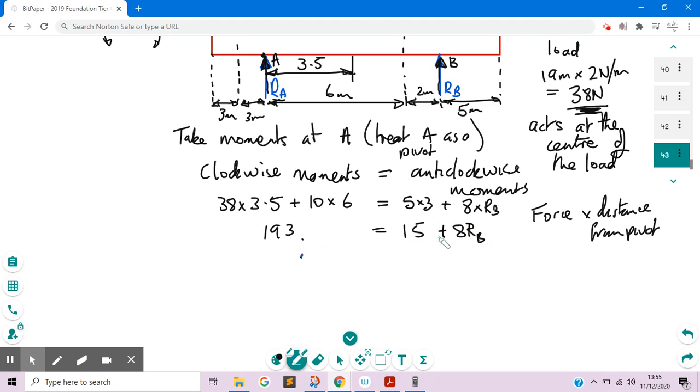So we're going to take away the 15 from both sides. I'll just write the 8 RB over this side. So 193 take away 15 is going to be 178. And then we're going to divide through by the 8. So RB equals 178 divided by 8.